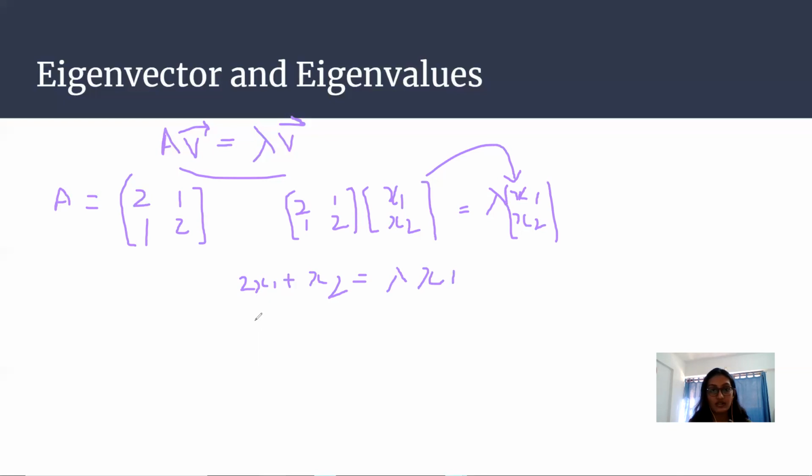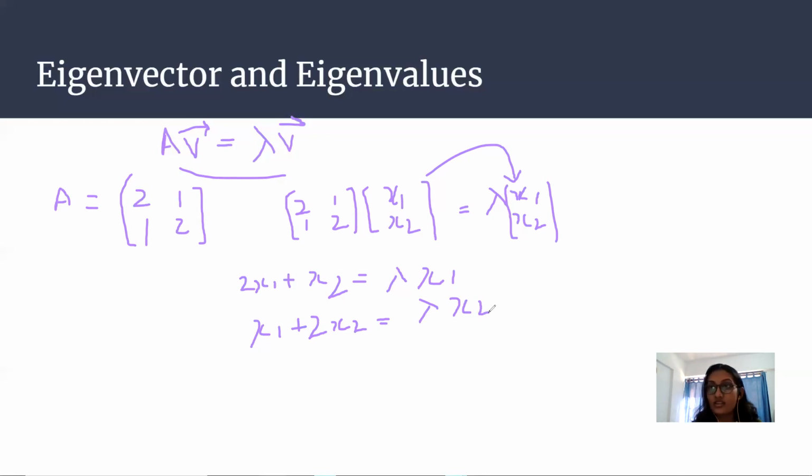Similarly, it will be x1 plus 2x2, and that will be equal to lambda x2, right? We are doing nothing, just the simple matrix multiplication that all of us know.